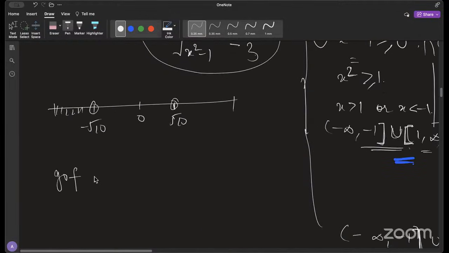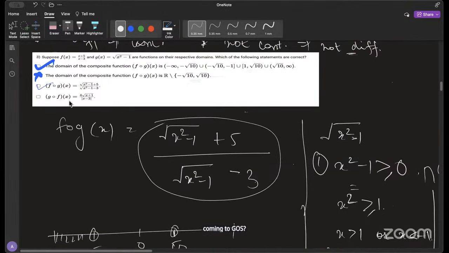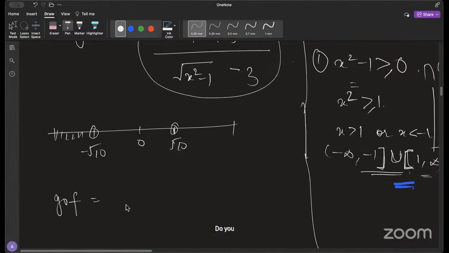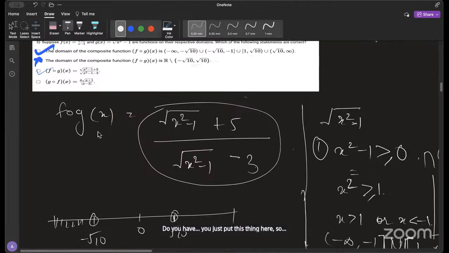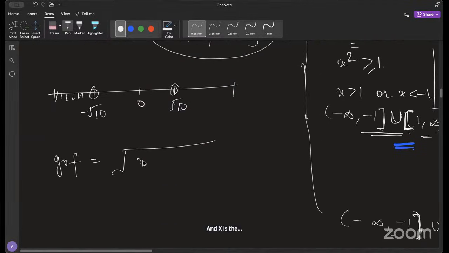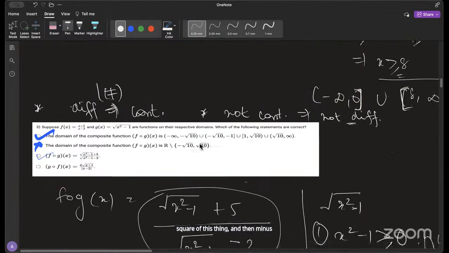Coming to g of f, you just put this thing here, so instead of x, you write this thing. Square of this thing and then minus 1, right?